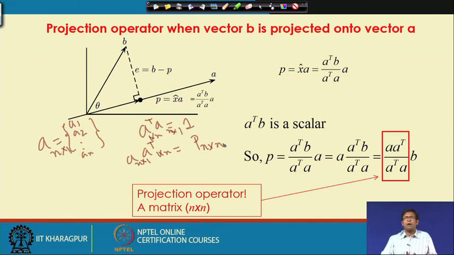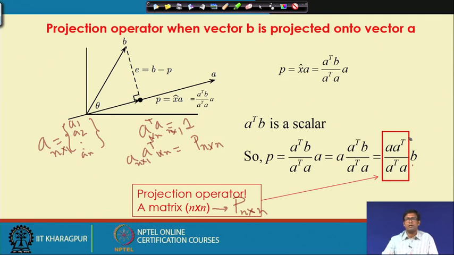Transformation in terms of projection is through a projection operation, which is a matrix P, a square matrix, and this matrix we can denote by capital P. If we multiply the original vector B by the square matrix n into n, we should get the projected vector of B on A, and this projection operator matrix solely depends on the vector A. For any vector B, I can get its projection on A, and this matrix is same for all the projection operators, and this is a projection of operation matrix.